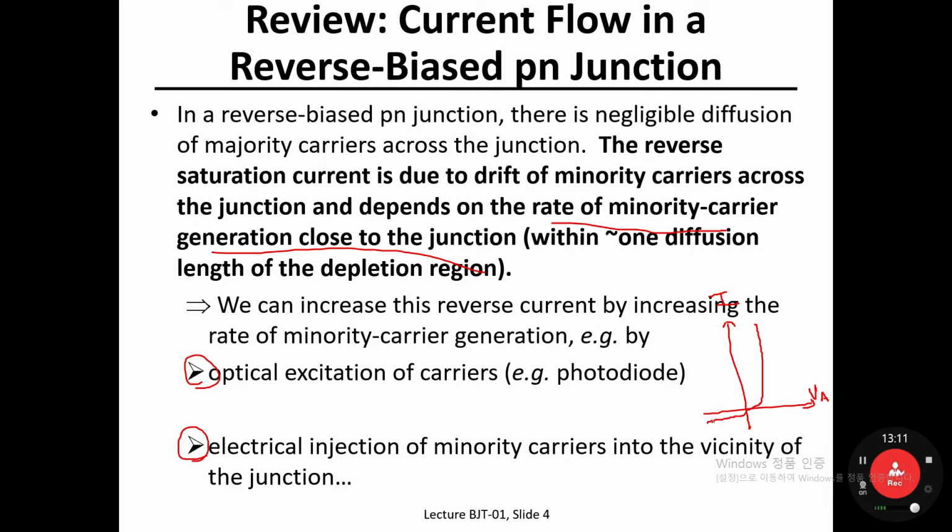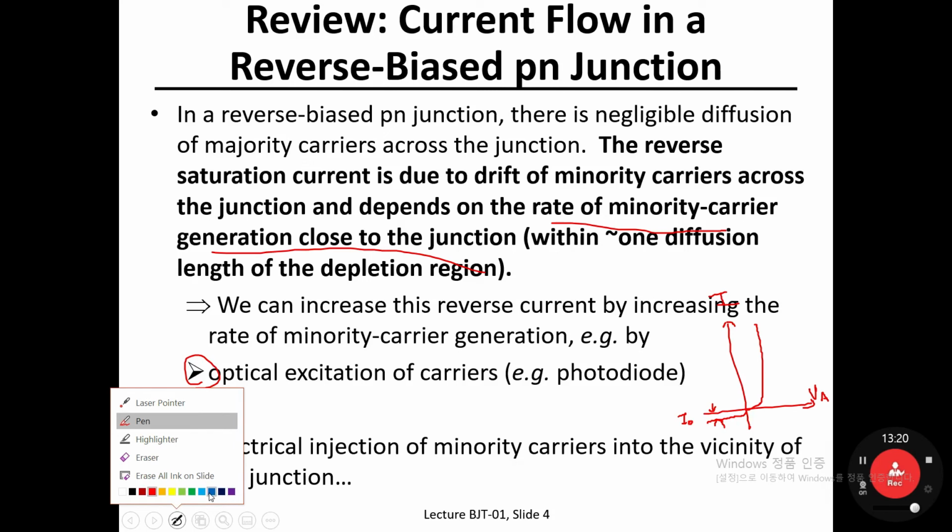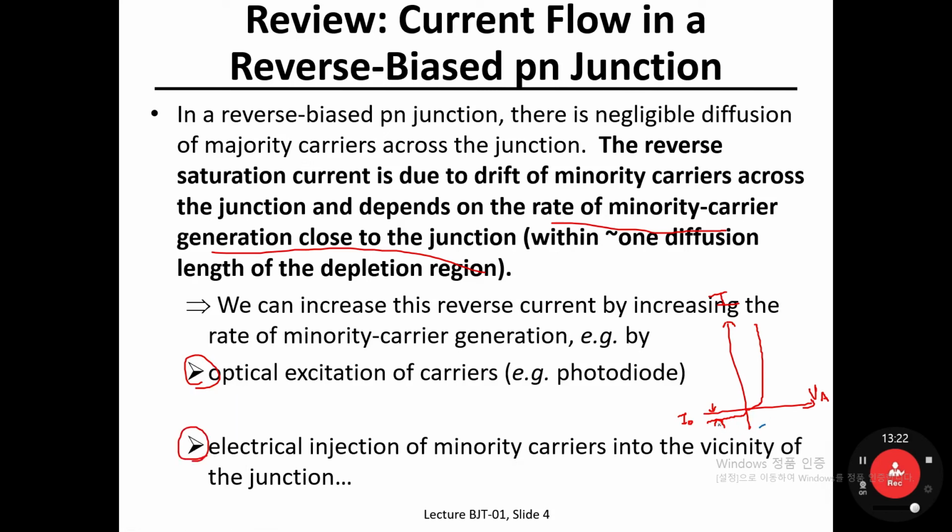The question is, you would like to increase the saturation current I naught. So let me change my color. So you would like to increase your I naught up to here. So previously it was this, but now your saturation current has been increased a lot.